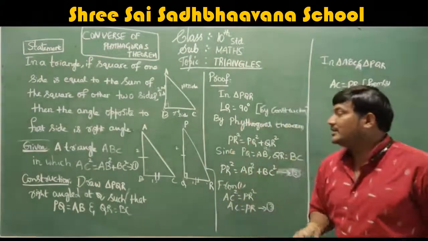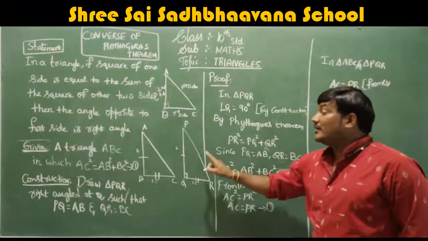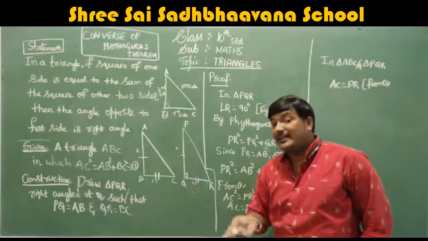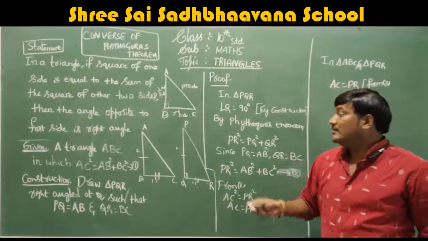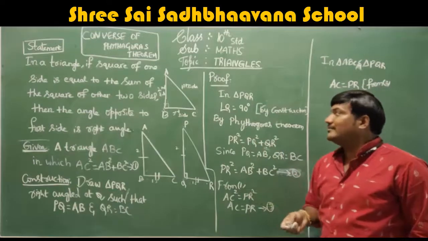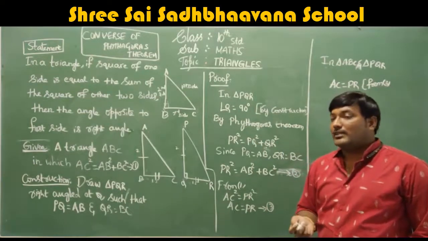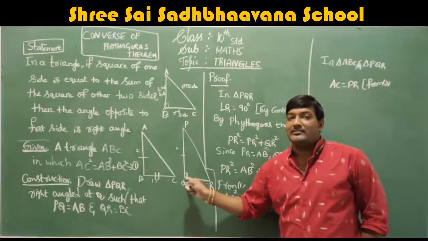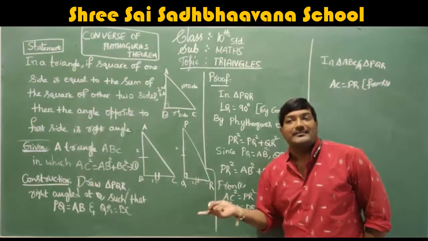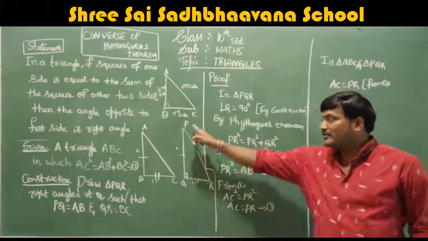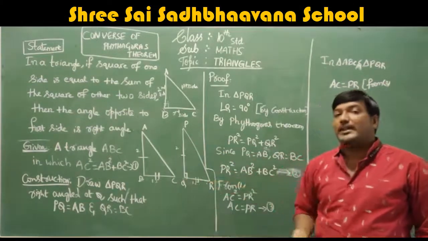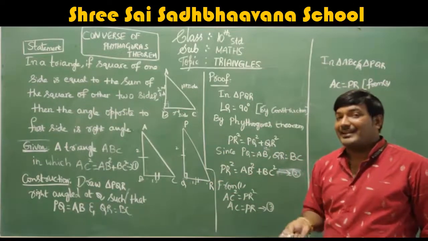If angle Q is 90 degrees, we can say that triangle PQR is a right angle triangle. Correct or not? How can we say? Because if one angle is 90 degrees in any triangle, it is considered a right angle triangle. So we came to know that triangle PQR is a right angle triangle.